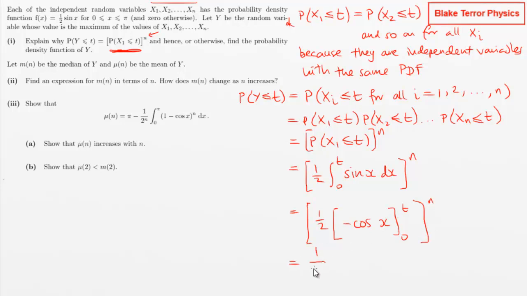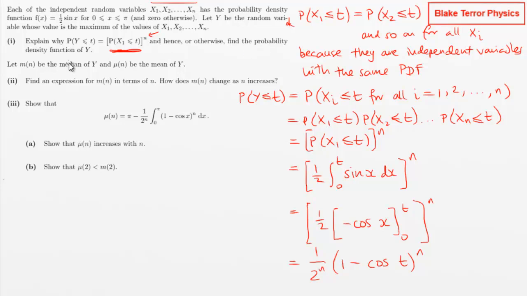So I've got 1 over 2 to the n, that's separate from the rest of it. This is going to be a minus cos t, and then a plus 1, because we'll have a double minus. So that's going to be 1 minus cos t, all to the power of n. So that's the probability that y is less than or equal to t, which I think is what they want.